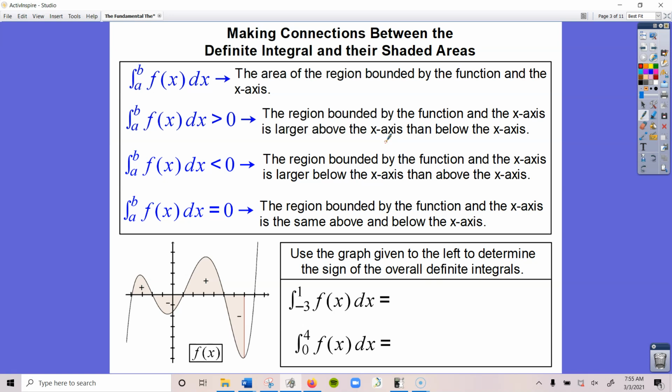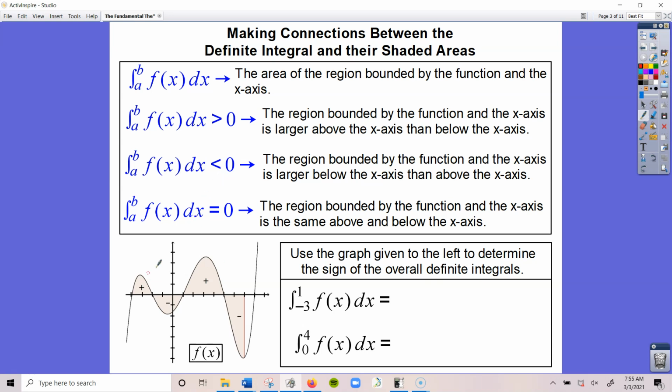So the graph is above the x-axis more than it is below the x-axis. And then vice versa, if the area is negative, then the area is predominantly below the x-axis. If the area is equal to 0, then the area above the x-axis and the area below the x-axis are equal.